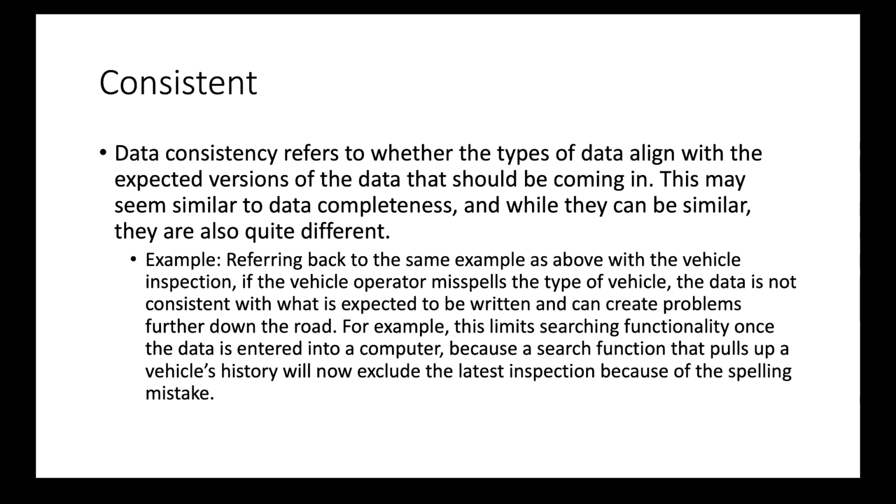Now, consistency. Consistency is important in a variety of ways, right? So, thinking about completeness, it's a little different, right, than completeness. Consistency has to do with the idea that if you're looking at data one way, like by state, and then you're looking at the same data by city, the data should be consistent.